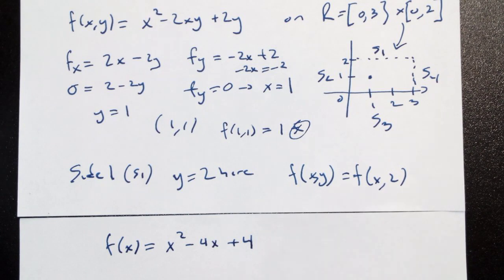And I know x is between 0 and 3. So now I'm going to ask you to go back to Calc 1. And let's find the maximums and minimums of this function on this interval.